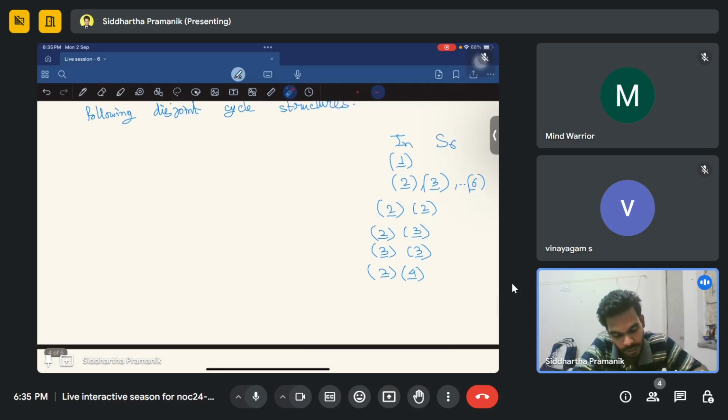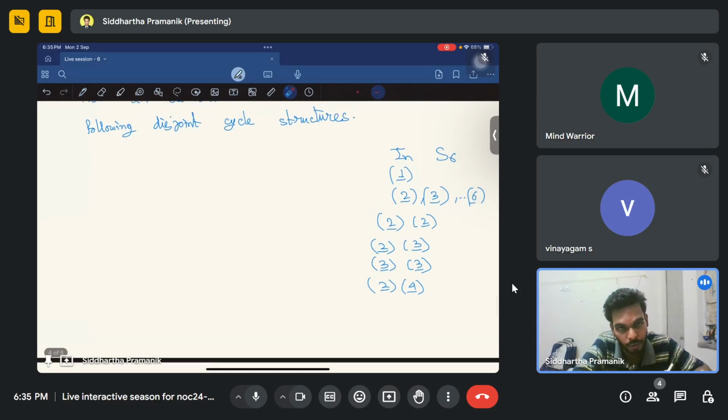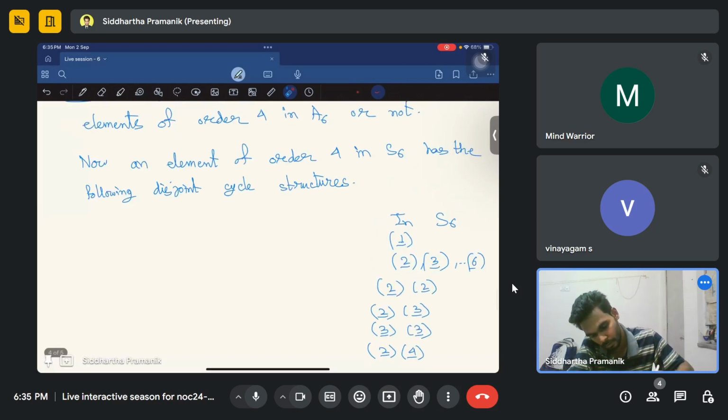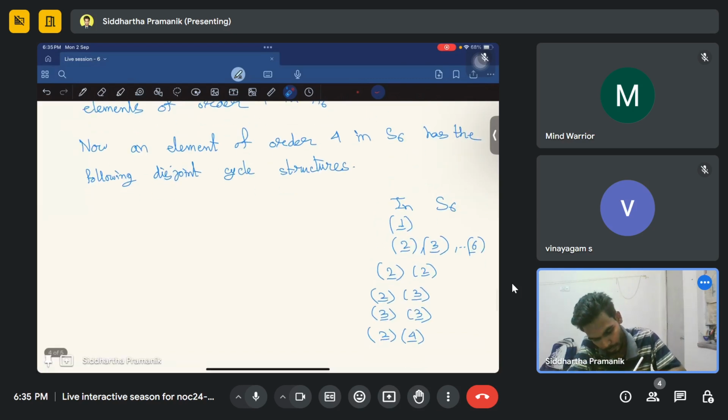So among these cycle structures, which elements have order 4? First of all, it can be a 4-cycle. That means it is of the form (a b c d).